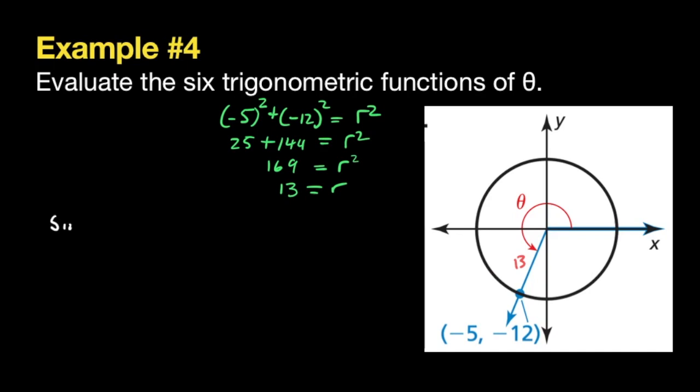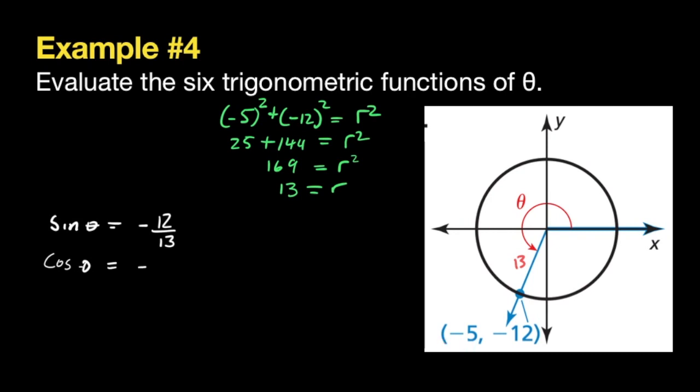So sine theta, and that's going to be your y value. The y value right here is going to be negative 12 over 13. Cosine, you're looking for this value right here, and that's going to be negative 5.